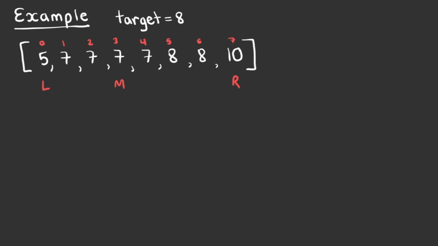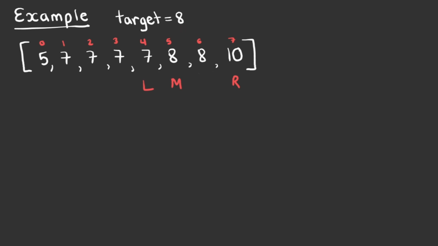So in this case, 7 is less than 8, so we have to shift the left pointer to be mid plus 1. So the left pointer is now at index 4. Then we perform binary search again. The middle point is now at 8. So this is exactly equal to the target.